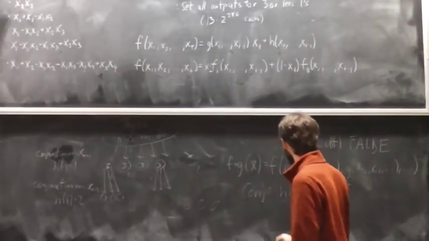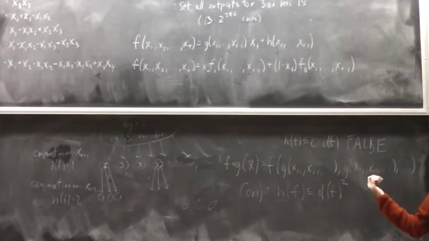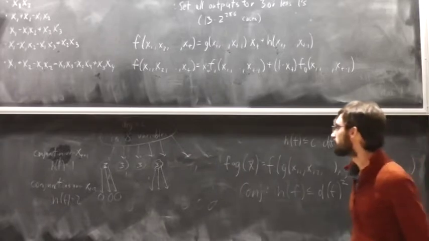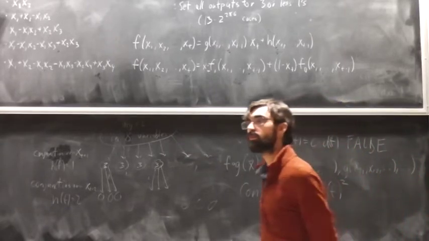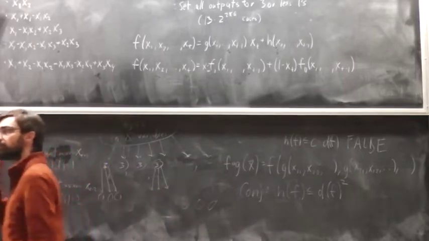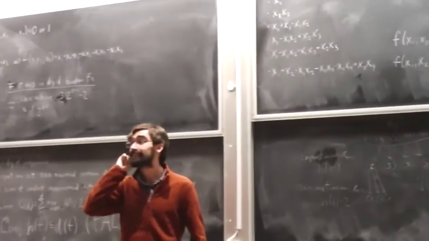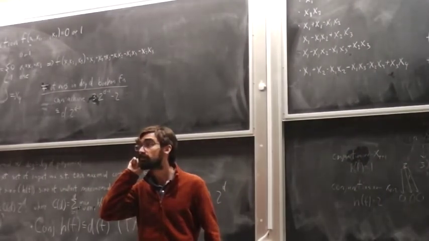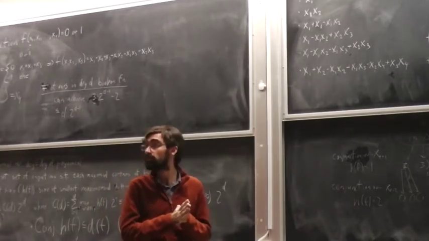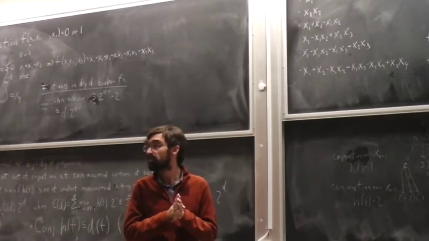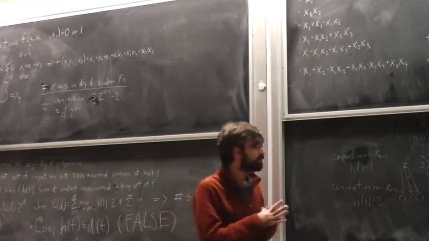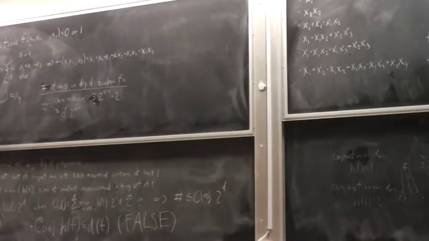And hey, this conjecture we haven't disproved yet. So can we find a lower bound for the power? If it's not 2, it's like 1.5.